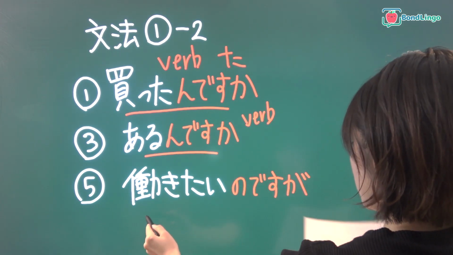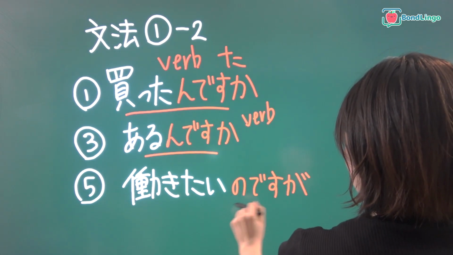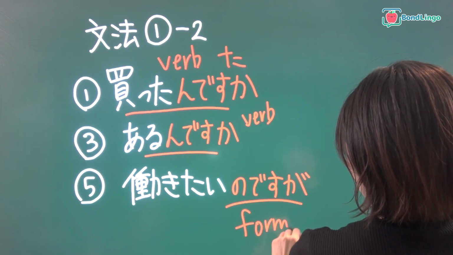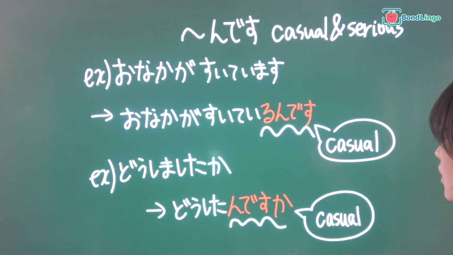So they're saying, I want to work in Japan. 働きたいのですが. This is のです, so it's a more formal way to say it. We've been doing んです, a more casual way.